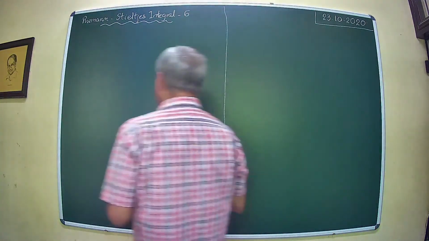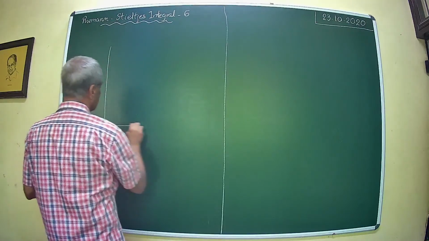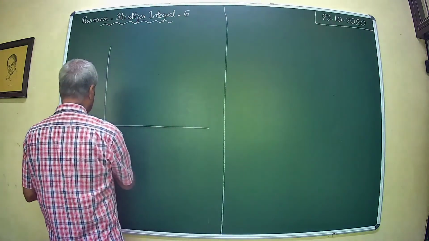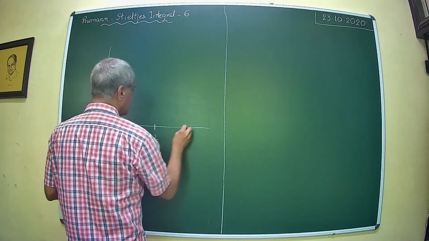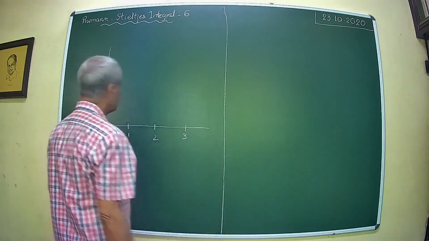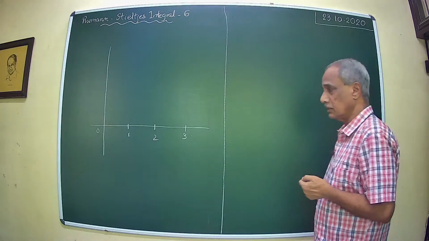So we consider the interval 0 to 3, and then we considered alpha.